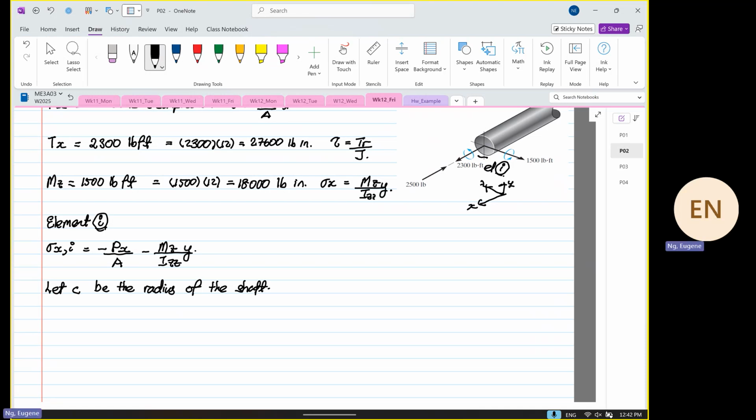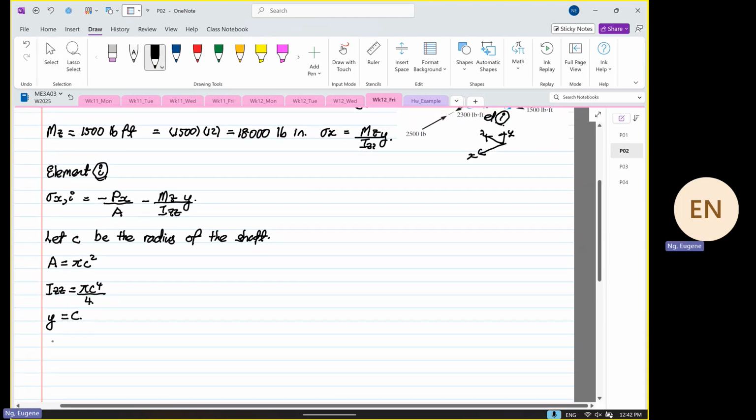From here, we know the area is equal to pi c squared, and Izz will be equal to pi c to the power 4 divided by 4. And we are going to let y be equal to c.